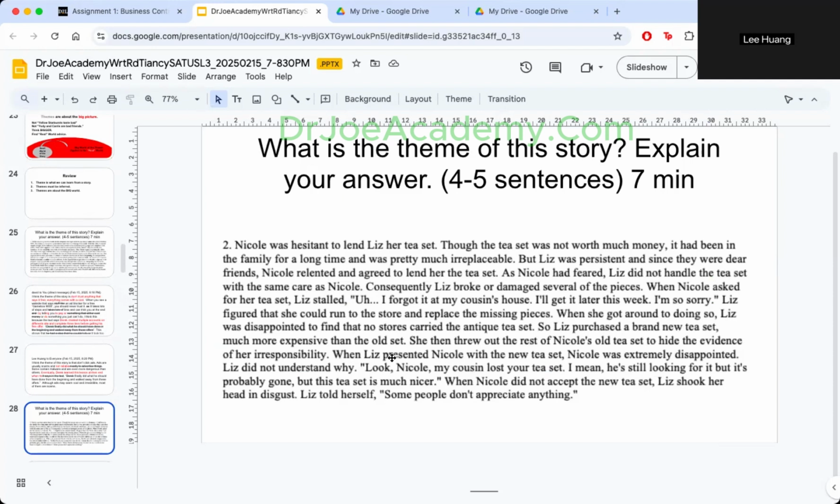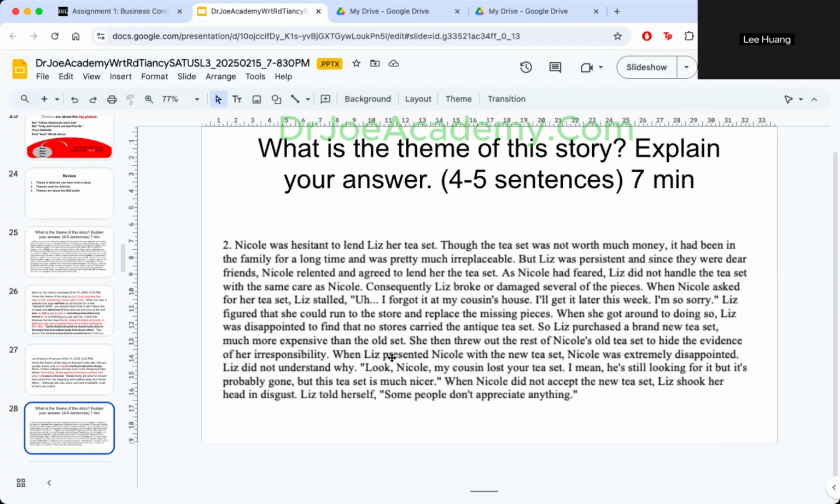As Nicole feared, Liz did not handle the tea set with the same care as Nicole. Consequently, Liz broke or damaged several of the pieces. When Nicole asked for the tea set, Liz stalled. I forgot it at my cousin's house. I'll get it later this week. I'm so sorry. Liz figured that she could run to the store and replace the missing pieces. When she got around to doing so, Liz was disappointed to find that no stores carried the antique tea set.